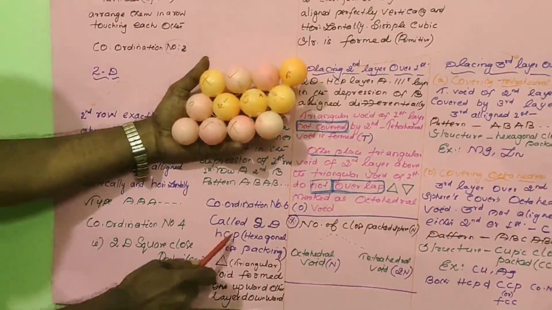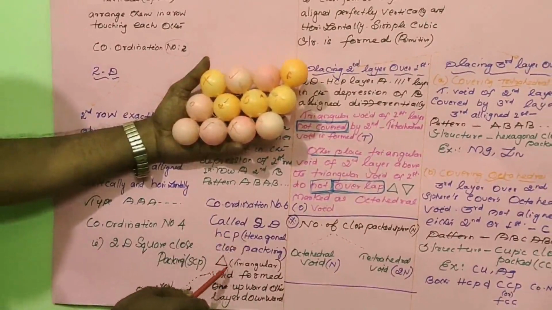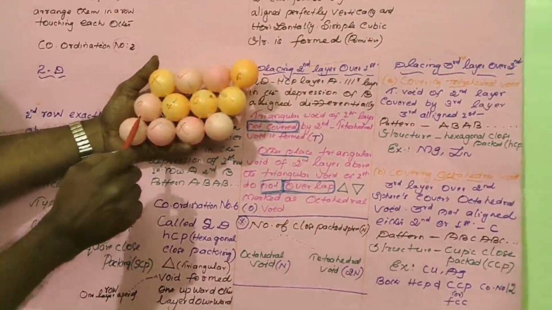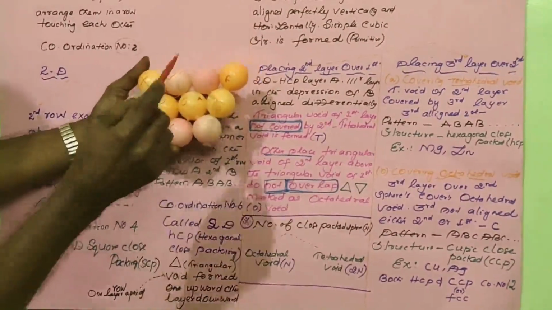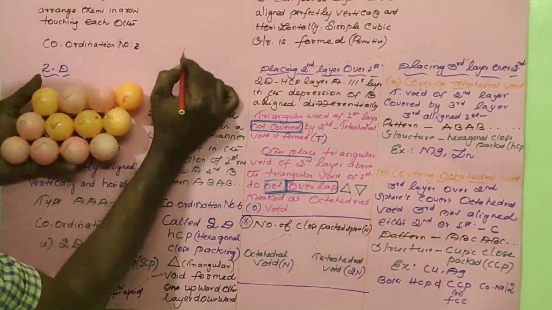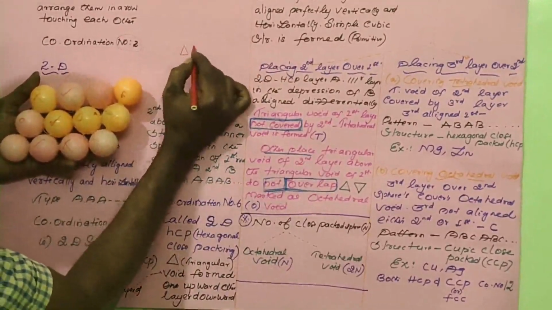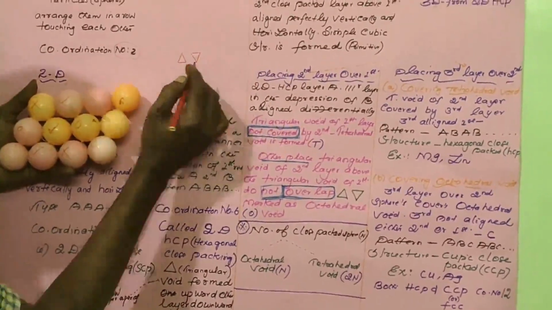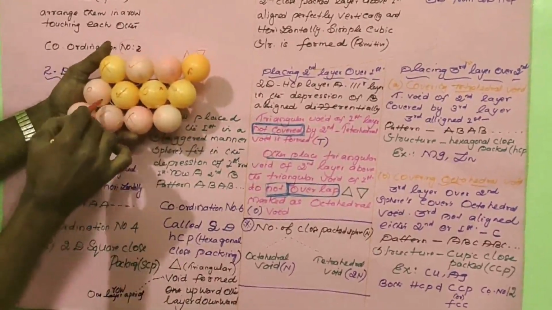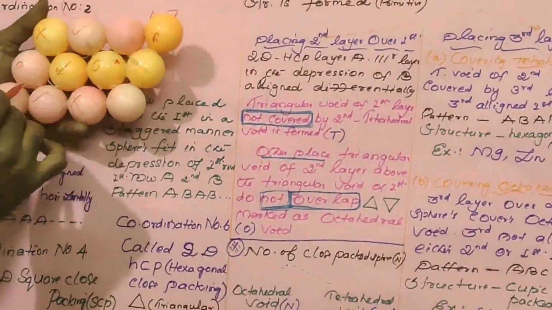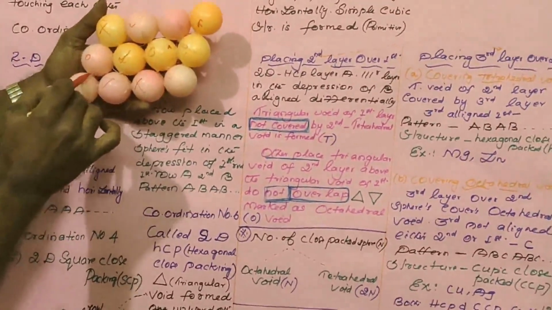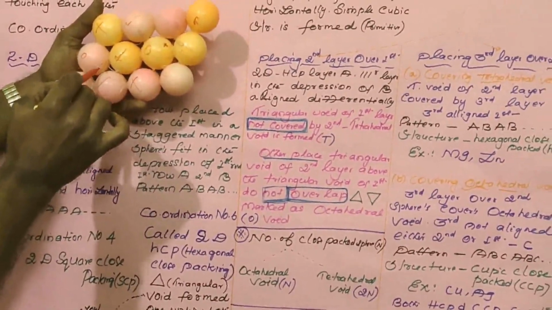2D hexagonal close packed contains 2 types of triangular void. So here is 1 type of triangular void, and there is another type of triangular void like this. What is the difference? Here the apex is at the bottom, here the apex is at the top. Here is 1 triangular void, here also 1 triangular void.